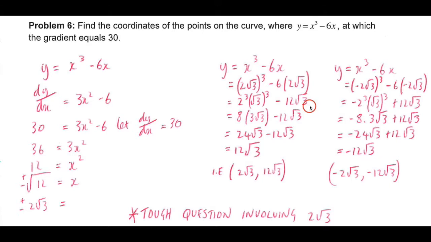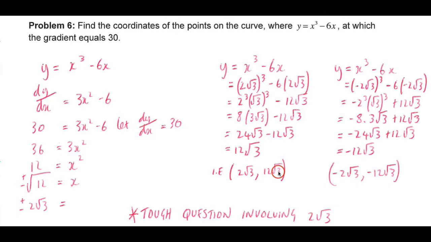You can see here that I cube everything. I cube the 2 and I cube the square root of 3. I end up with this, and then tidying everything up, I end up with 12 lots of the square root of 3. So my first point, x equals 2 times the square root of 3, and y equals 12 times the square root of 3.